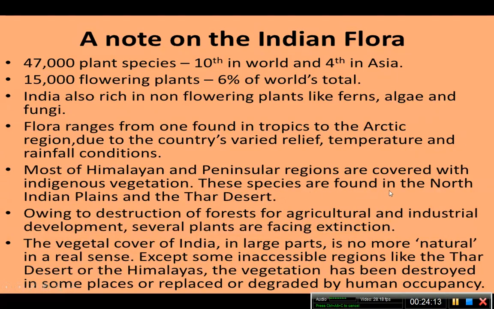These species are found in the North Indian plains and Thar Desert. Due to the destruction of forest for agriculture and industrial development, different species of plants are facing extinction.